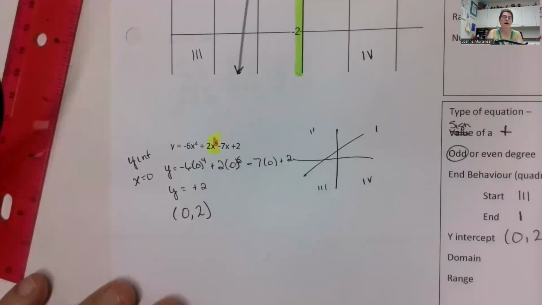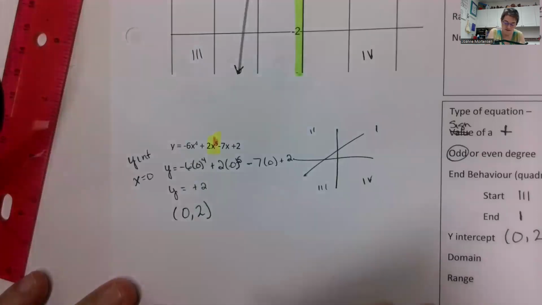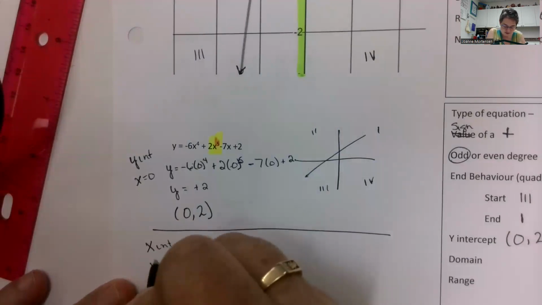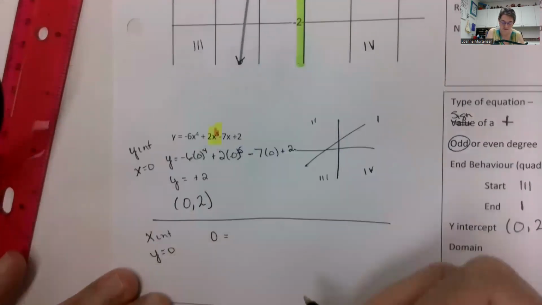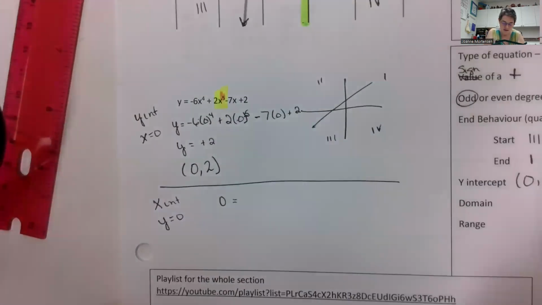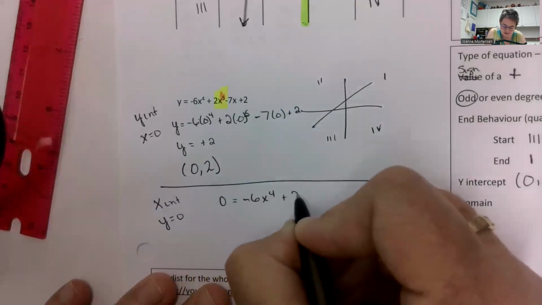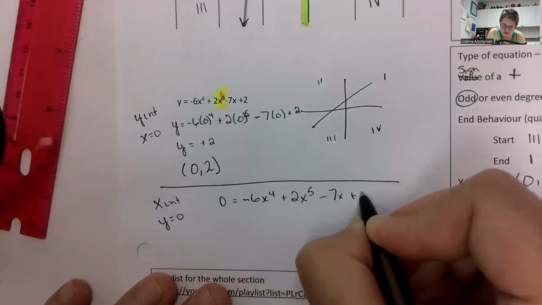Notice I don't ask you the x-intercepts because, well, let's just show you what it would be. X-intercept, y is equal to 0. So you have 0 is equal to -6x to the 4th plus 2x to the 5th minus 7x plus 2.